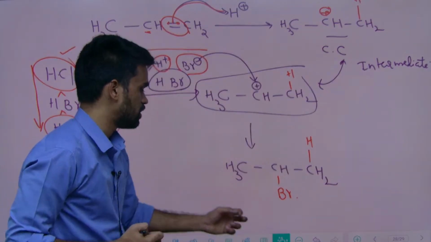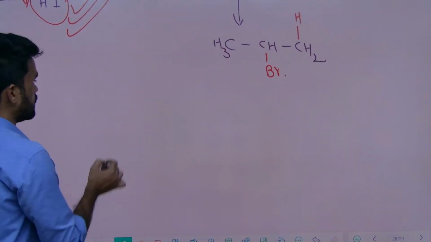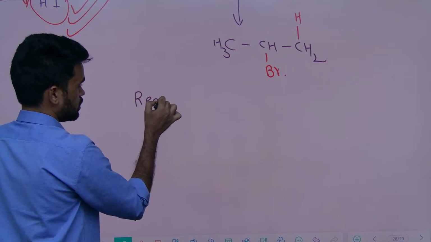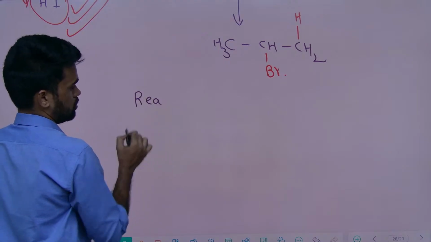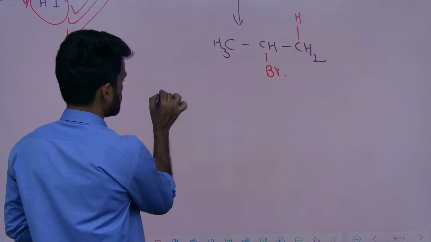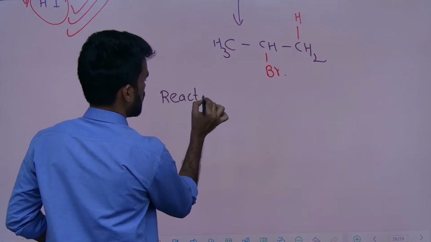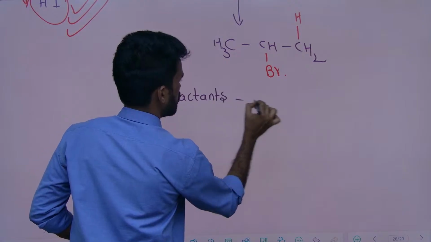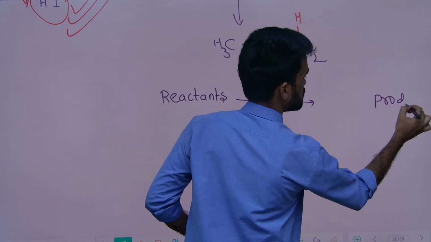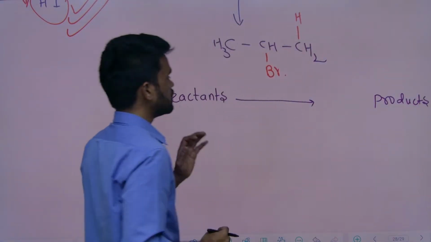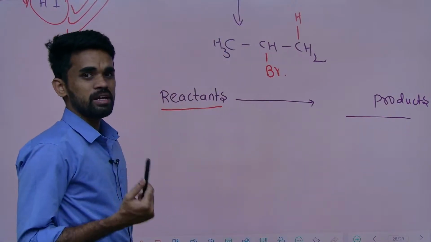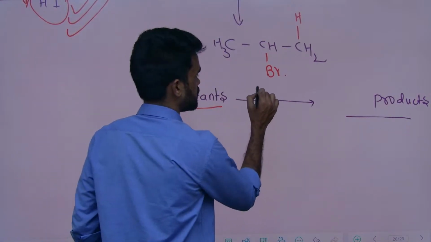Once again, look at what is happening here. Generally when you write an organic reaction, there are reactants, and here products. Reactants give rise to products. During this conversion from reactants to products, we might use some specific conditions, like some temperature.